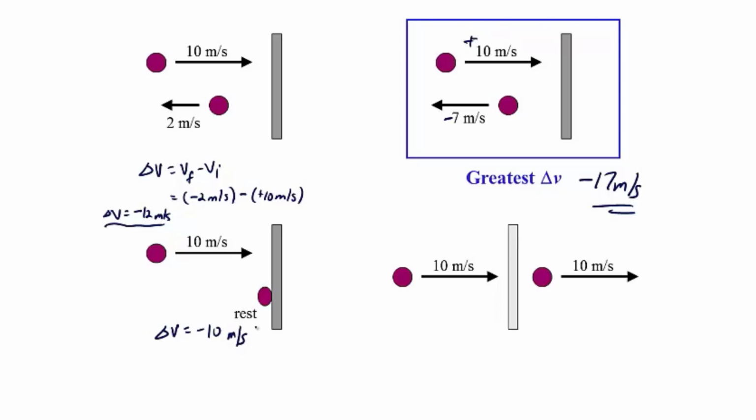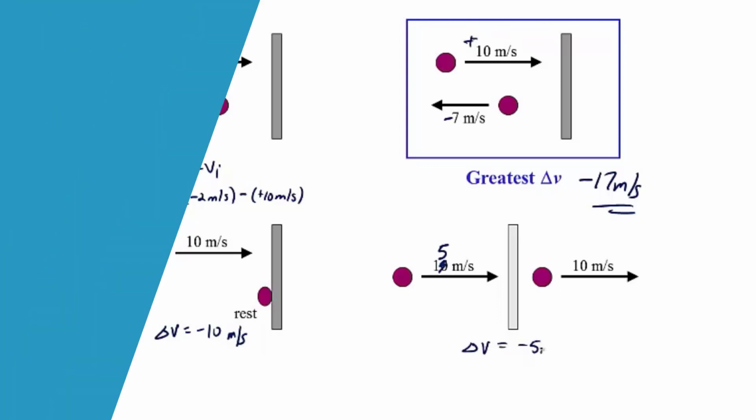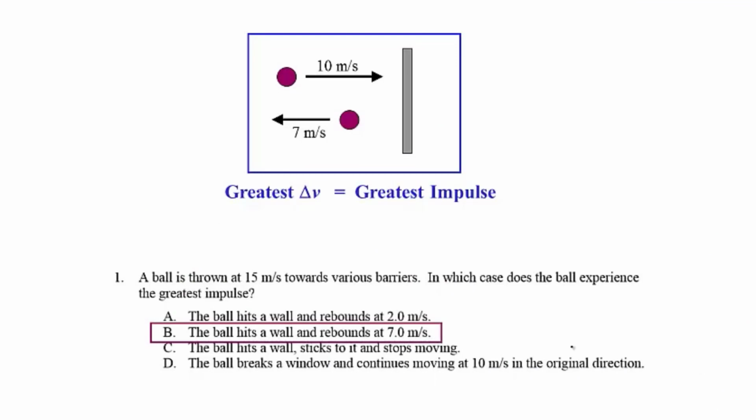And then, there's obviously a typo here. Let's make this 15 meters per second. I just realized that the booklet does not match what this says. But anyway, the principle stays the same. The change in velocity here would be negative 5 meters per second. So the biggest change in velocity would indicate the greatest impulse. So the answer is B.